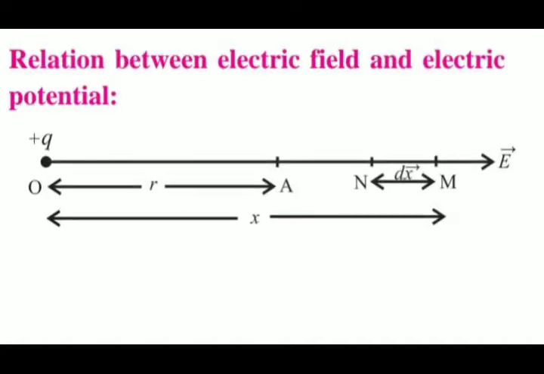Now, in the previous video lecture, we have seen the relation between electric field and electric potential, and finally we had derived that electric field E is equal to negative of dV upon dx, where V is the electric potential and x is the distance or displacement. So this was the relation between electric field and electric potential.